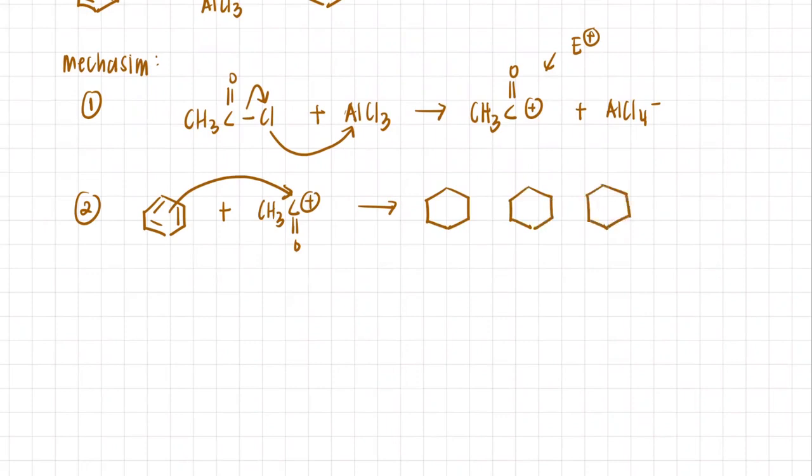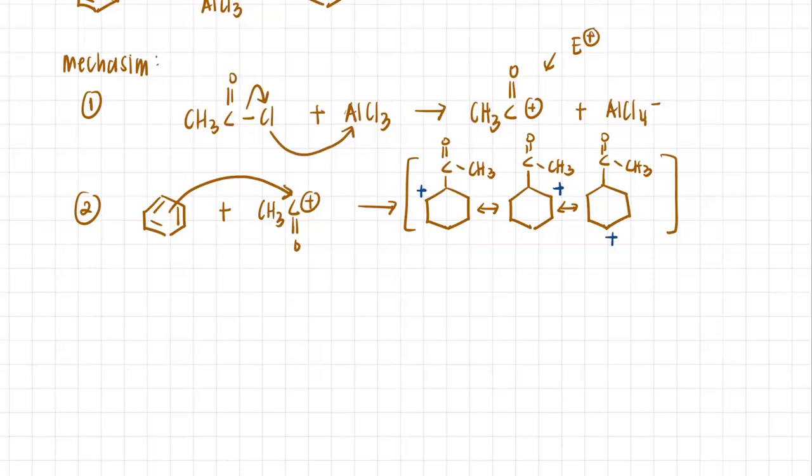You have to draw out all three resonance structures, and then the positive sign at the left hand side, right hand side, and also the opposite side.